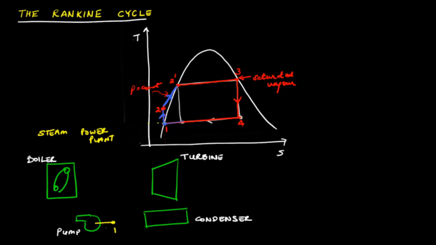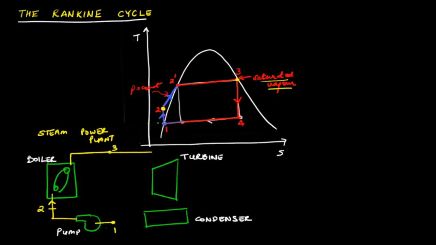Then a pump is used to increase the pressure of this substance, and this is our state 2, over here. Then the liquid at high pressure is fed into a boiler where it is heated, and the liquid vaporizes and exits the boiler as a saturated vapor, and this is our state 3.